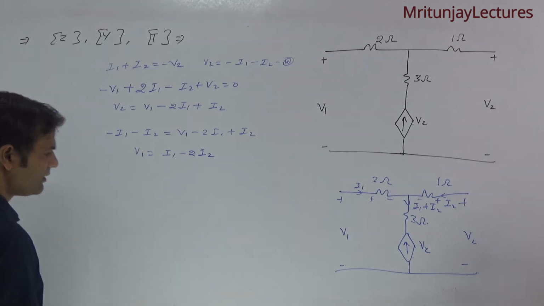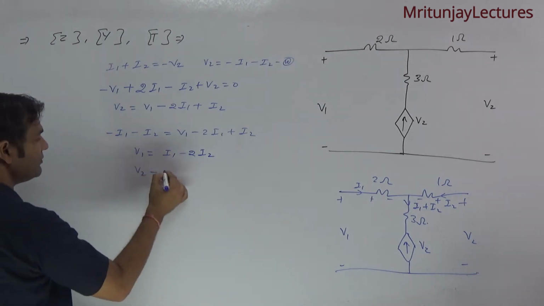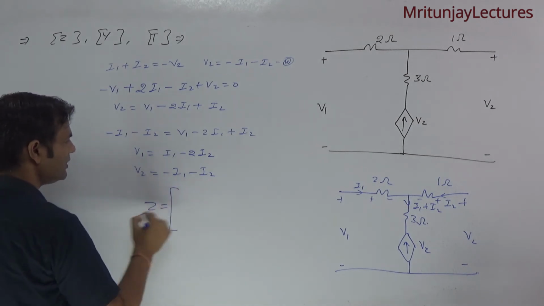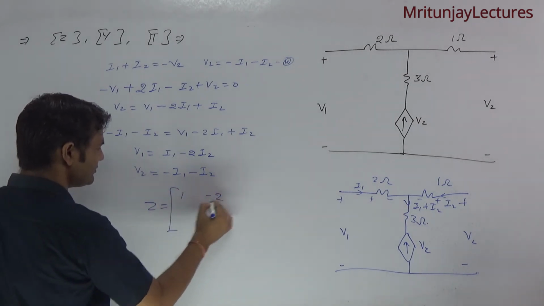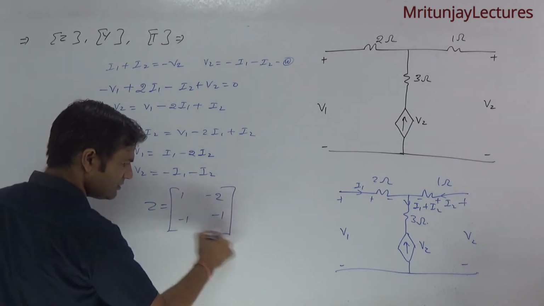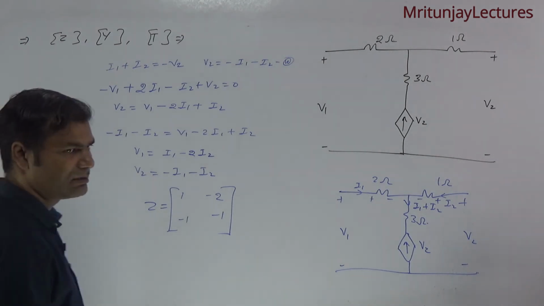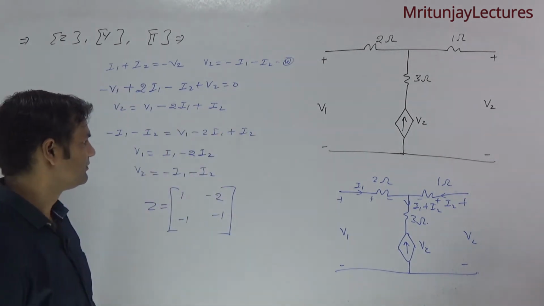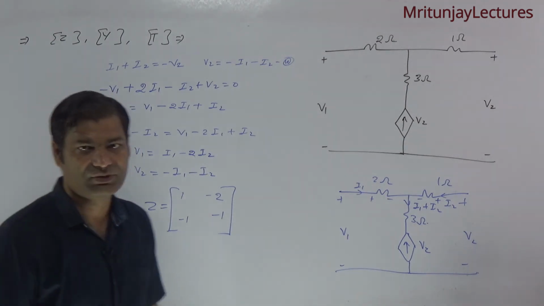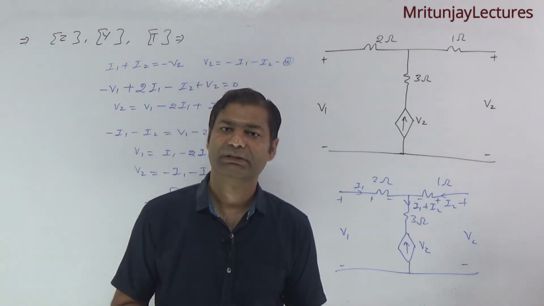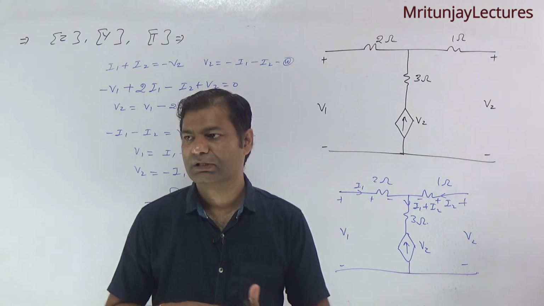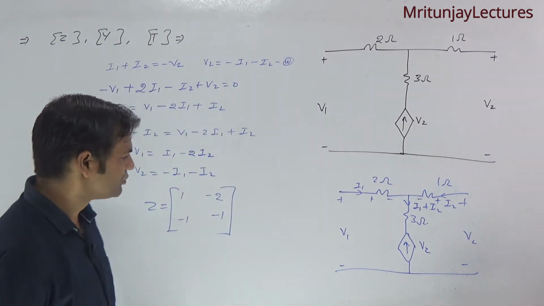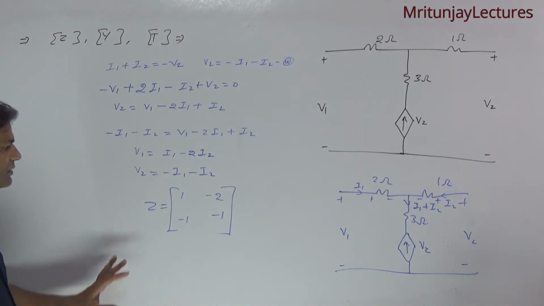So V1 and V2 are written correspondingly. What about the Z parameter? 1, minus 2, minus 1 and minus 1. Very simple. Compare: V1 equals Z11 into I1 plus Z12 into I2, and V2 equals Z21 into I1 plus Z22 into I2. Clear? So the Z parameter is clear.